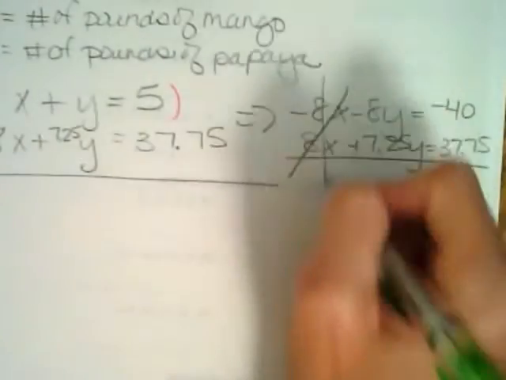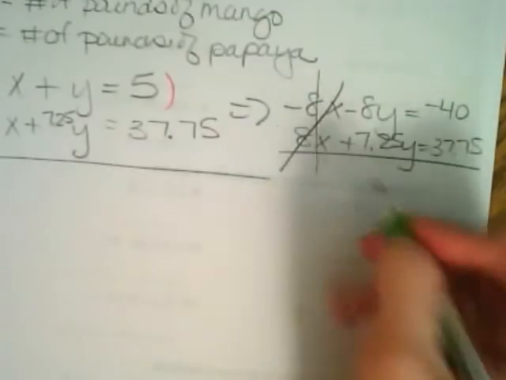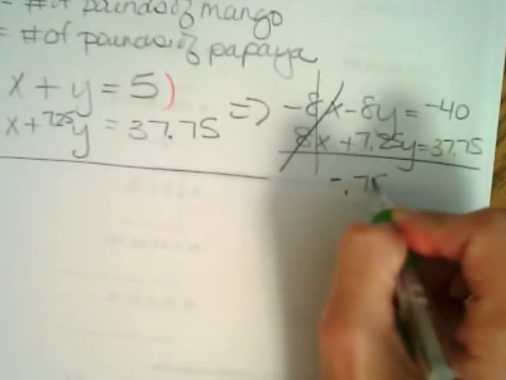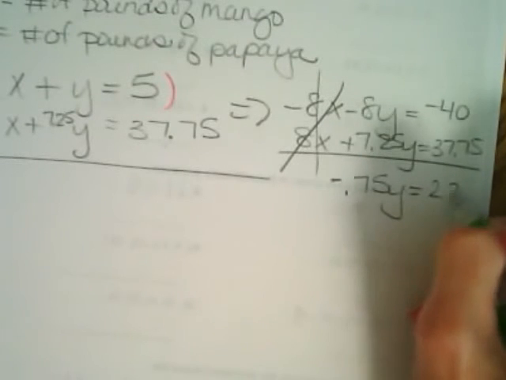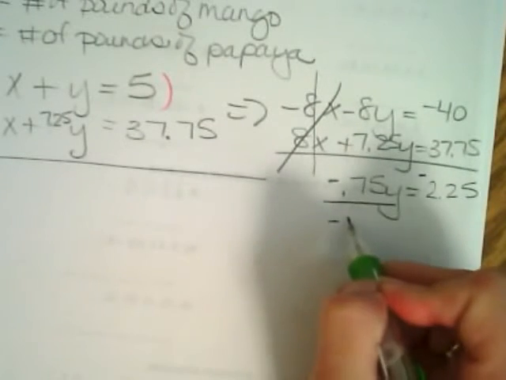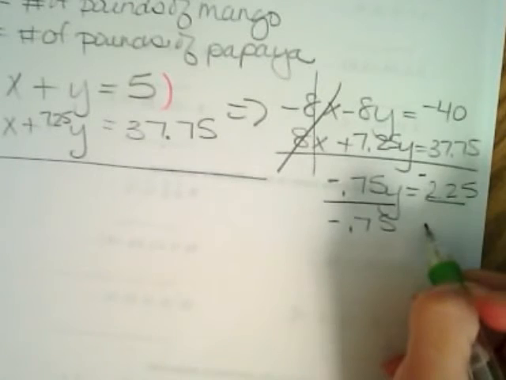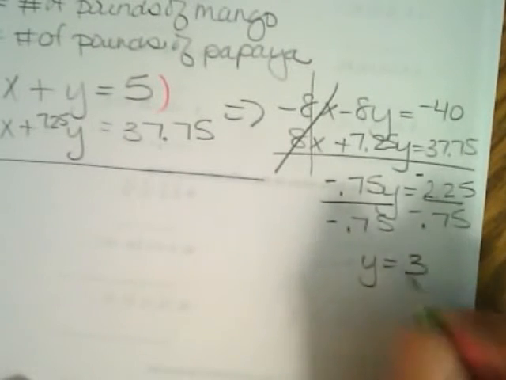Now my x's go away. I have -8 and a positive 7.25, which gives me -0.75y. And then I have -40 and 37.75, which gives me 2.25, and it is also negative. Divide by -0.75, and I get y is 3.